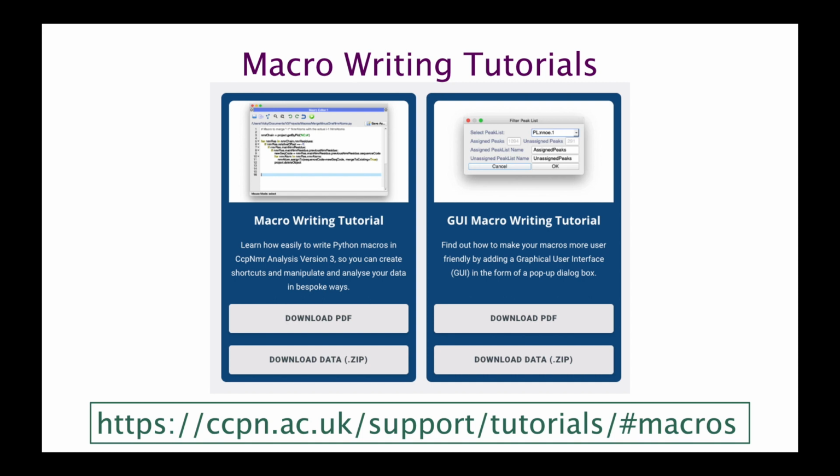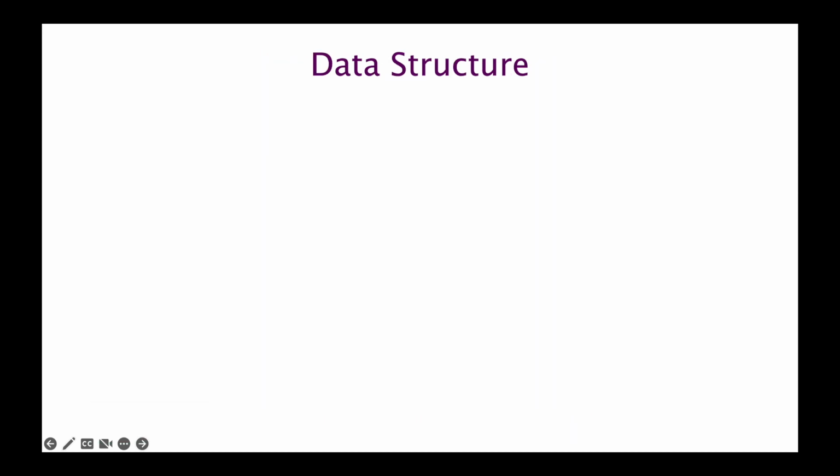You might not want to have to change the spectrum name in your script every time. It might be more convenient just to have a pop-up and you select your spectrum from a drop-down menu. Obviously if you want to do this one, we'd recommend that you have already gone through the first macro writing tutorial initially.